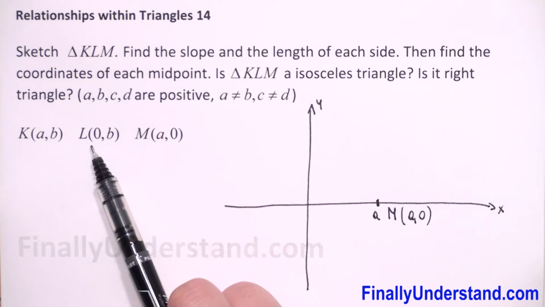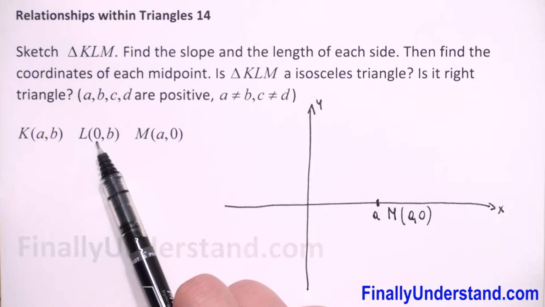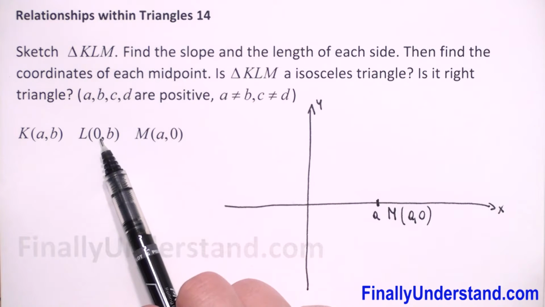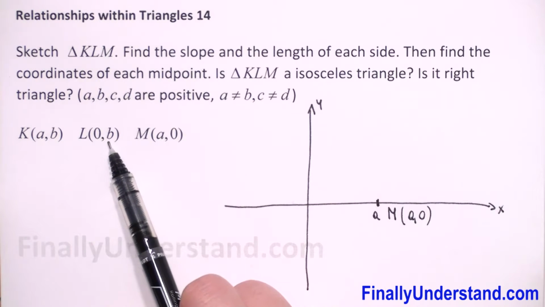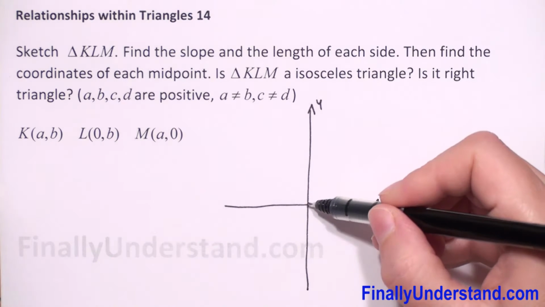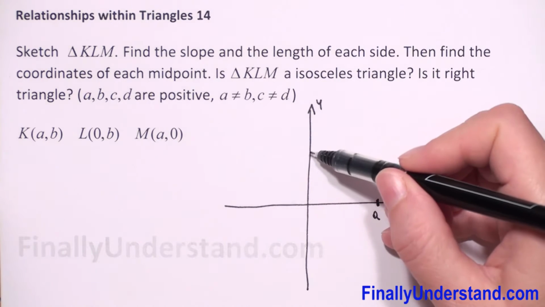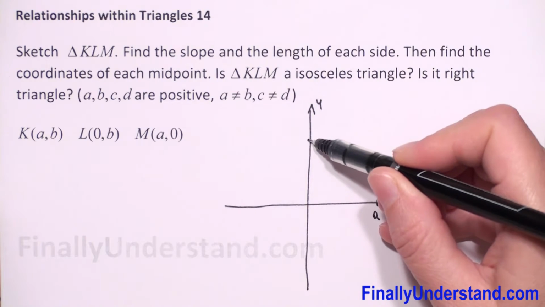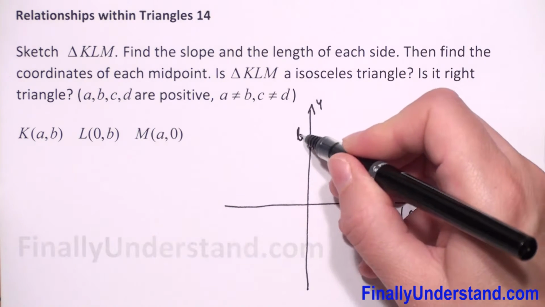Next, because in point L the first coordinate is 0, it means that this point is on the y-axis, and B is positive, so it is on this part. For example, let's put B here.